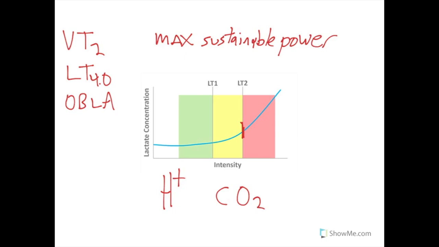There is just too much CO2. You cannot maintain this balance. You're no longer isocapnic, and H+ starts going up. Performance right at this threshold is a good predictor of performance in shorter events. This is not something that you can sustain like the previous.